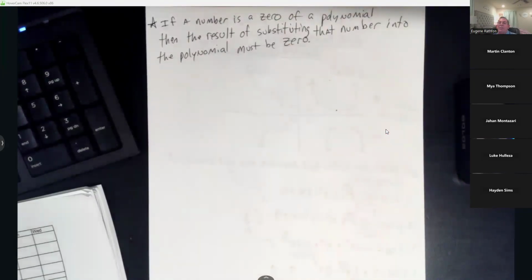And y'all, that's what it means to be a 0. I take the number, plug it into the polynomial, do my order of operations. If I get 0, then that means the number was a 0 of the polynomial.